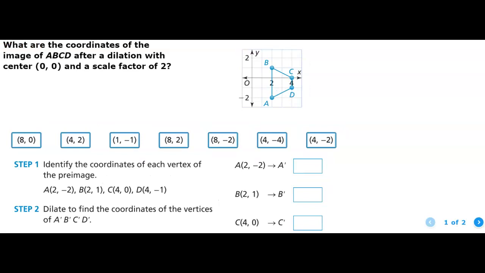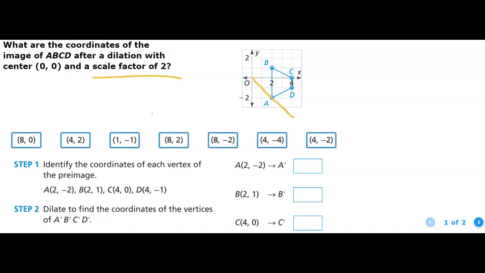So scale factor of 2. I'm going to go through A first. So we're going to start at our origin O and go through A. Scale factor of 2 means it's going to be 2 times as big.